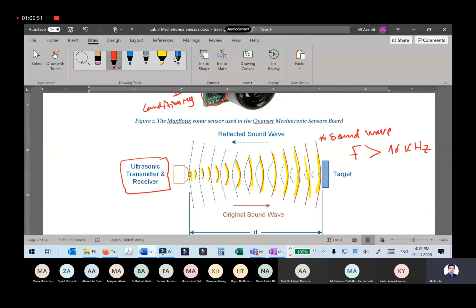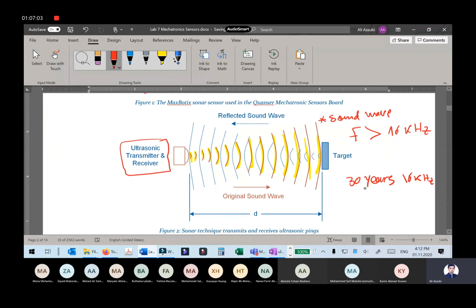But if you are above 30 years old, you will not hear more than 16 kilohertz. Younger people can hear up to 19 or 20 kilohertz. So it depends on the age.